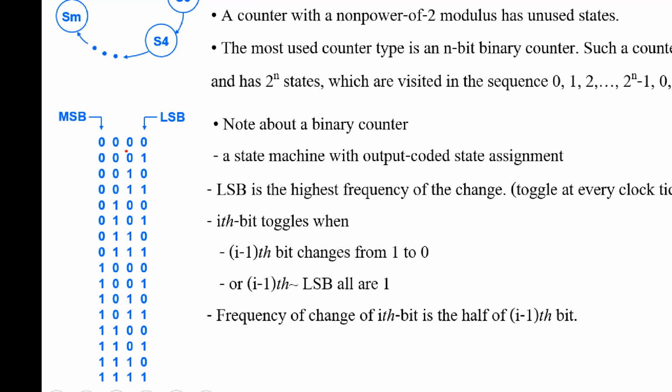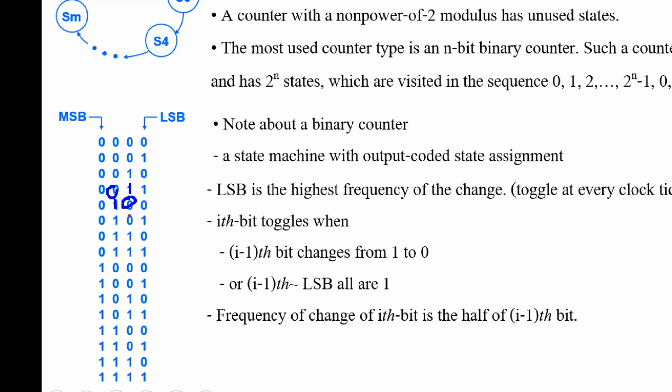Or you may observe when this digit will toggle. It toggles when the previous digit changes from 1 to 0. If this changes from 1 to 0, the next digit will toggle, right? 0 to 0 not change, 0 to 1 not change, 1 to 1 not change, but when 1 to 0 it changes.